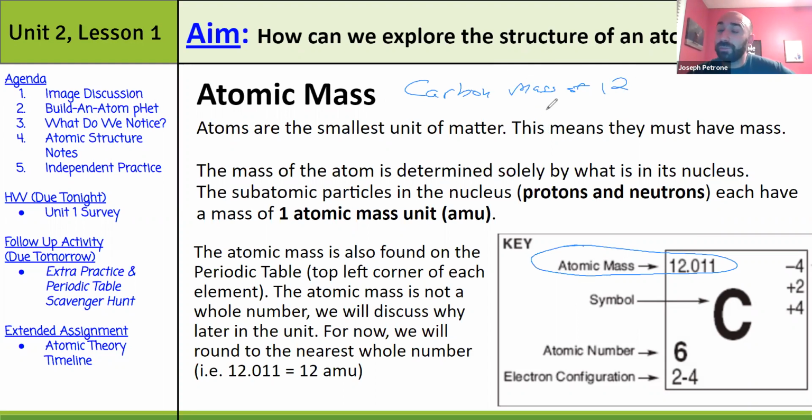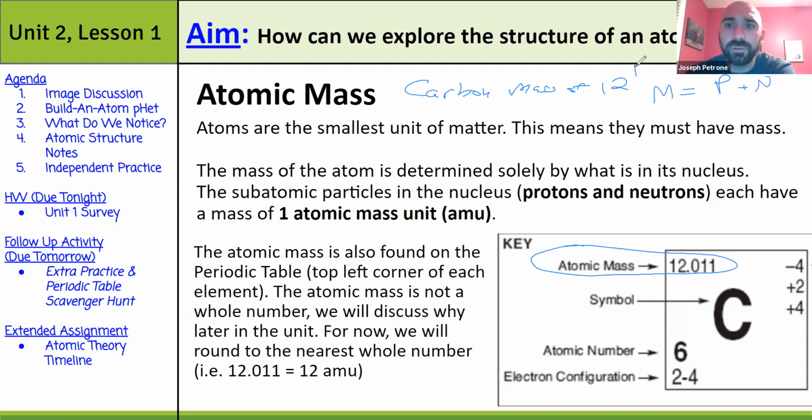Now, one other thing we can get from this is how many neutrons are in the atom. Hopefully you recall from the previous slide that the number of protons is determined by the element's atomic number. The number of neutrons we can get by determining what's left over from the mass. So I like to use this little equation here where mass is equal to protons plus neutrons.